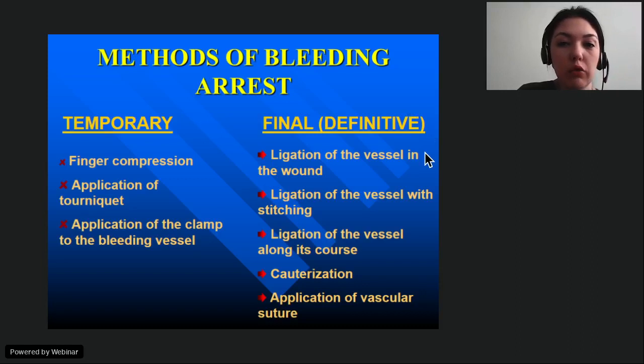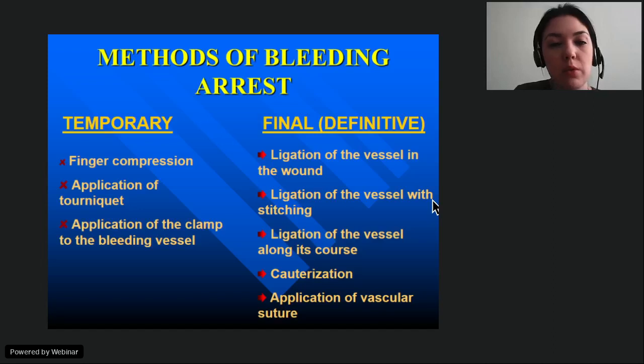Some we use during operation. Yes, it is finger compression. Just you see the bleeding, you put your finger or the hand or anything, compress the vessel, and bleeding stops just for the time. Application of tourniquet, yes, it's one of the methods of temporary bleeding arrest. Application of the clamp to the bleeding vessel during operation usually, yes.